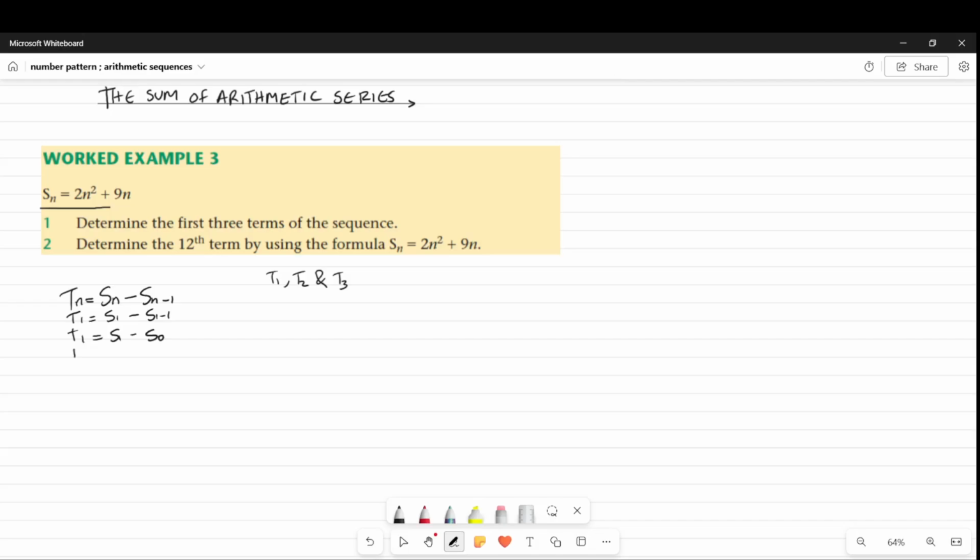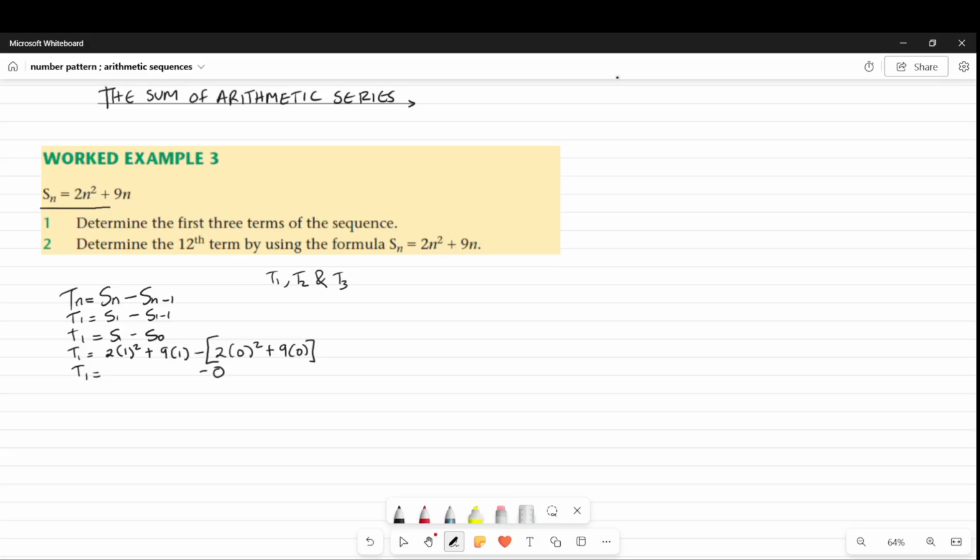So T1 will be 2(1) squared plus 9(1), minus [2(0) squared plus 9(0)]. We know this whole side is 0.